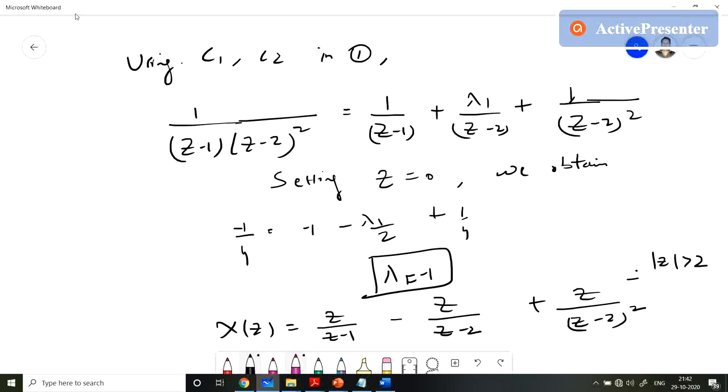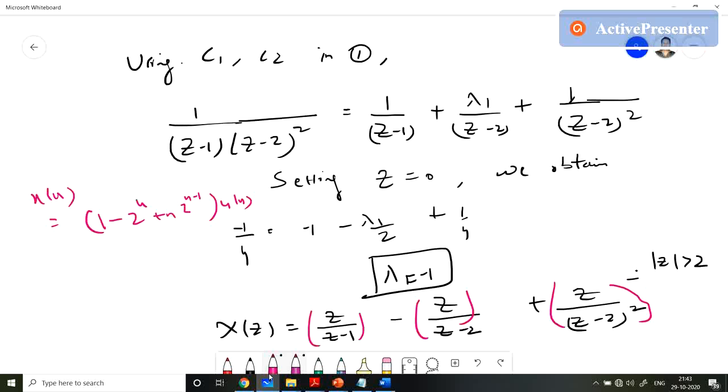So x(n) we are getting, since it is a causal sequence, is 1 minus 2 raised to the power n plus n 2 raised to the power n minus 1, into u(n). So this is the inverse z transform of this X(z).